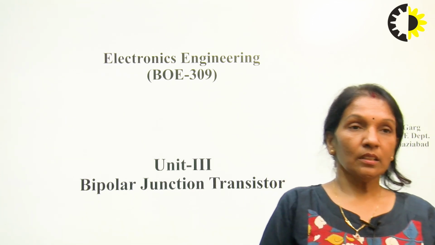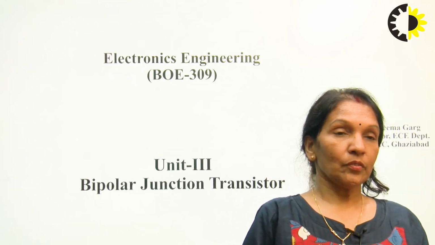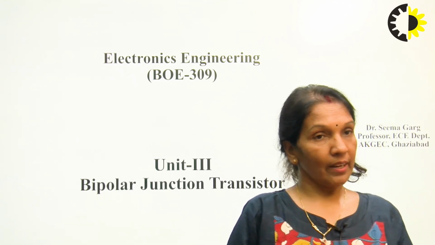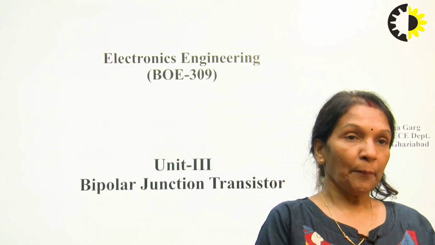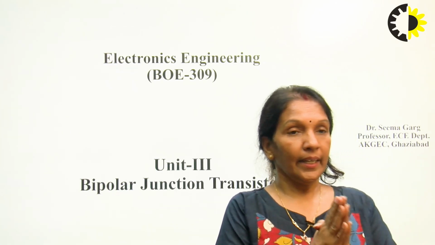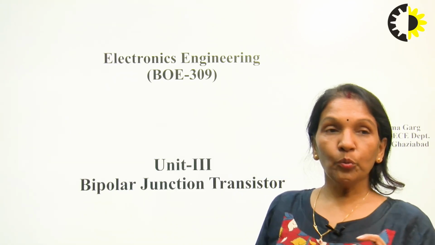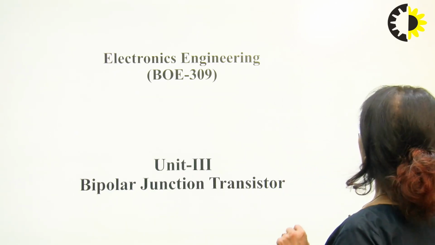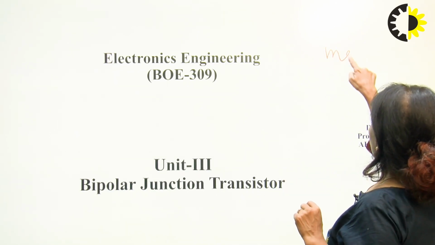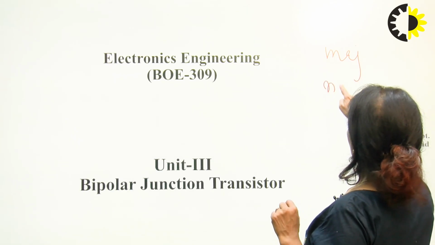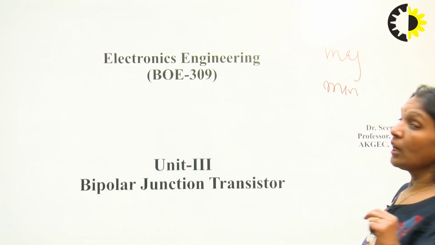So what is BJT? BJT stands for bipolar junction transistor. Why is it called a bipolar device? Because in case of BJT, the current conduction takes place by two types of charge carriers, the majority charge carriers and the minority charge carriers.